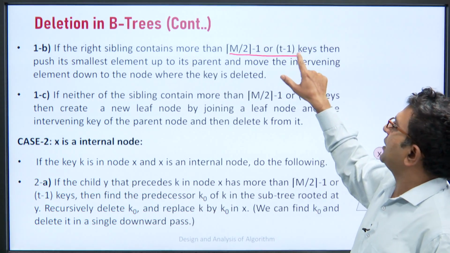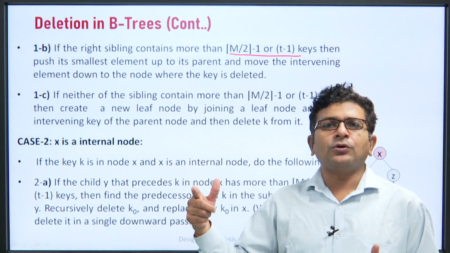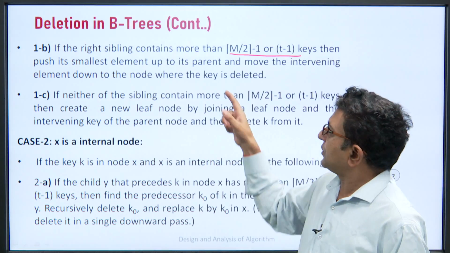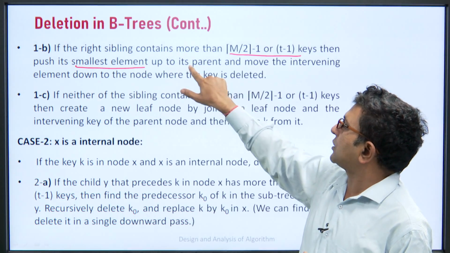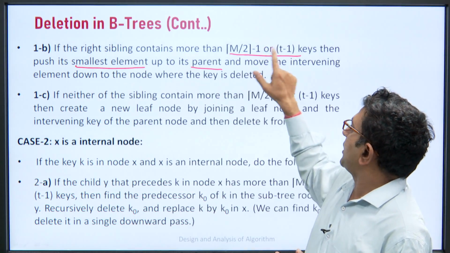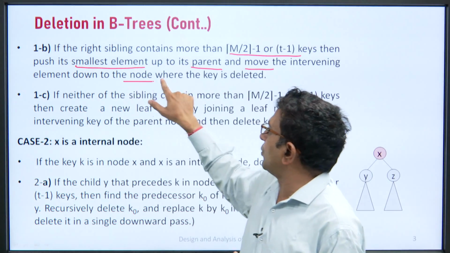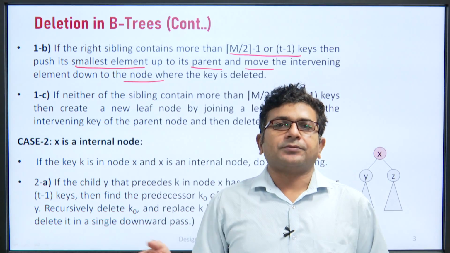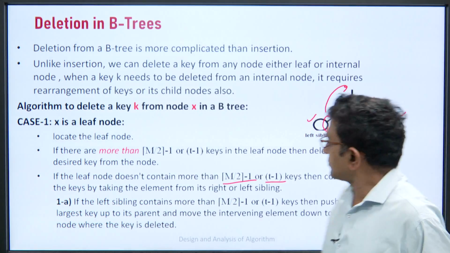It should have more than t minus 1 keys. So, what we will do, again the smallest element in the right sibling will be pushed towards its parent, and the intervening key from the parent node will move down to the node where the key is deleted. The same process, the earlier process, just see here.